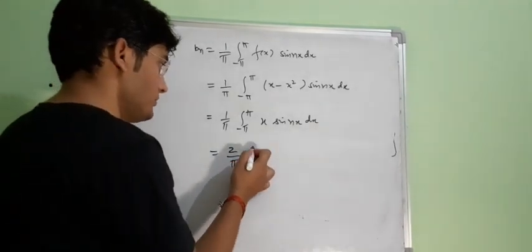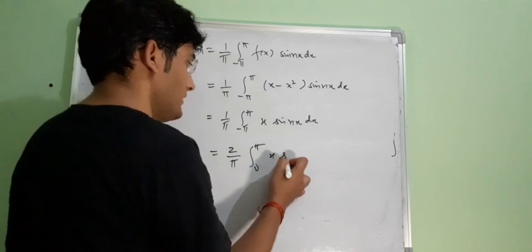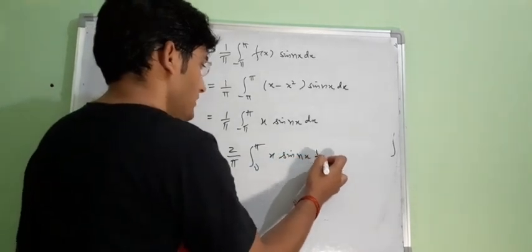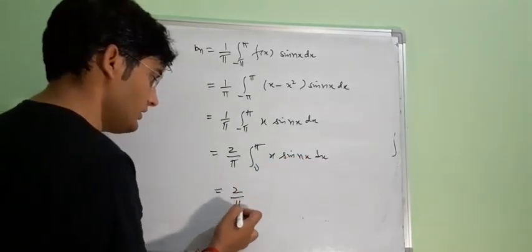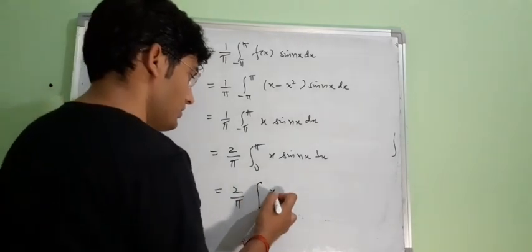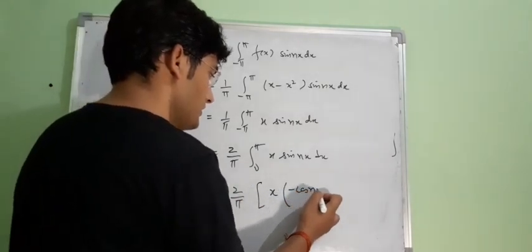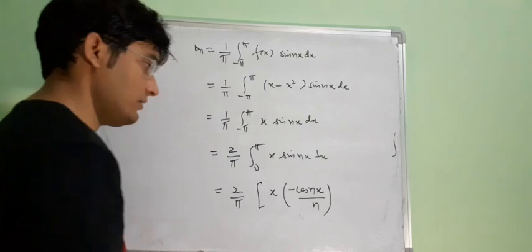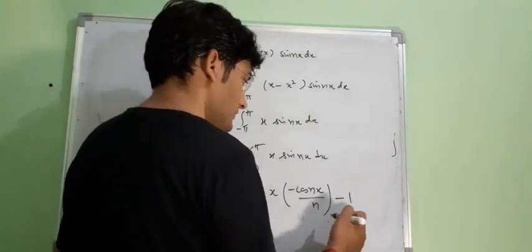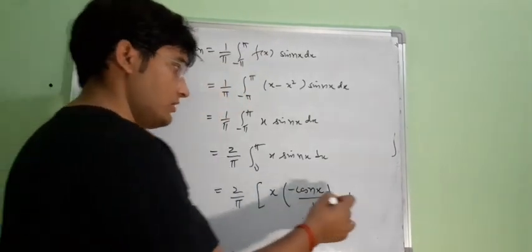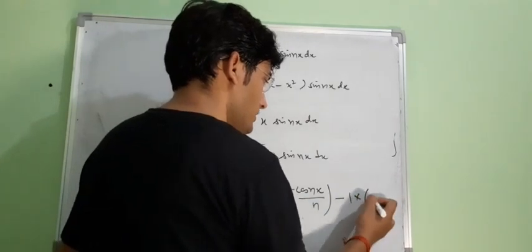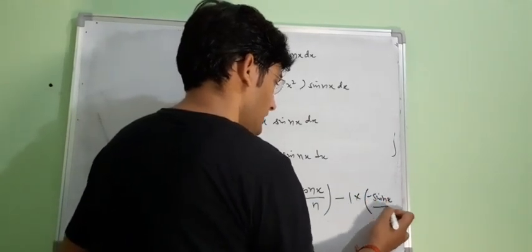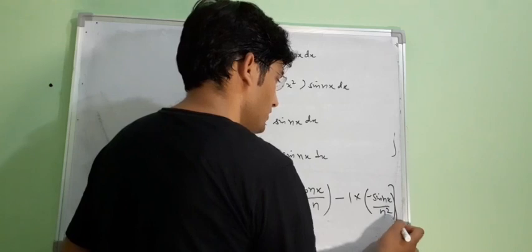So this will be 2/π ∫ from 0 to π of x sin nx dx. Now use the Bernoulli expansion of integration, then it will be x times the integration of sin nx, which is −cos nx upon n, then minus, the differentiation of x is 1, and the integration of this cos will be sin nx upon n², and the limits from 0 to π.